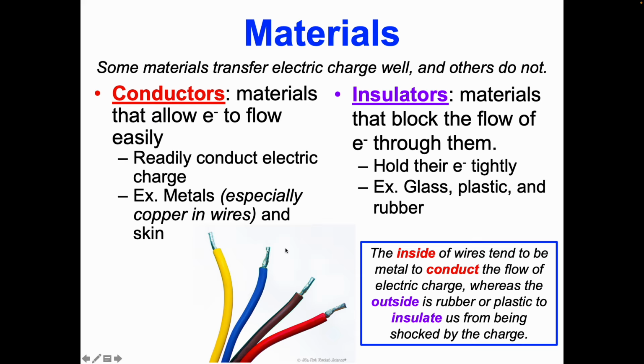That's very important in terms of how these wires are constructed, so that we're using materials that will conduct electric charge as we need to charge our phone without shocking us or electrocuting us every single time that we touch it.